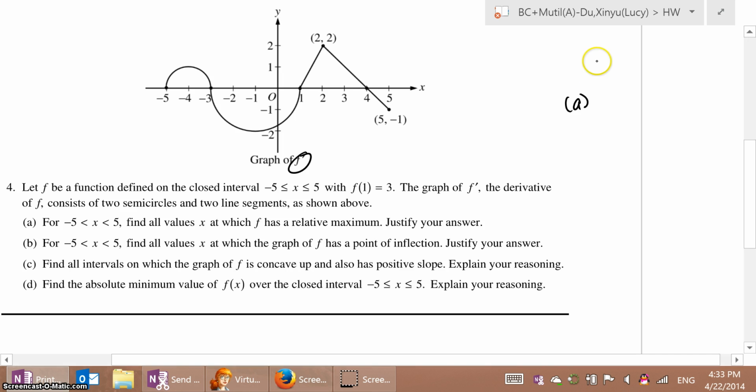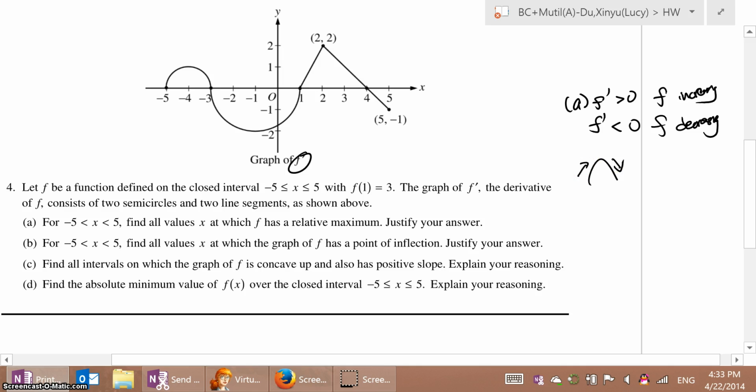So let's review for finding a maxima or a minimum. When f prime is greater than 0, then f is increasing. And when f prime is smaller than 0, f is decreasing. So based on the problem, we have to find a maxima, which is increasing then decreasing.